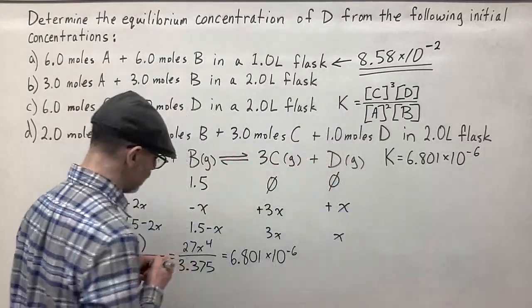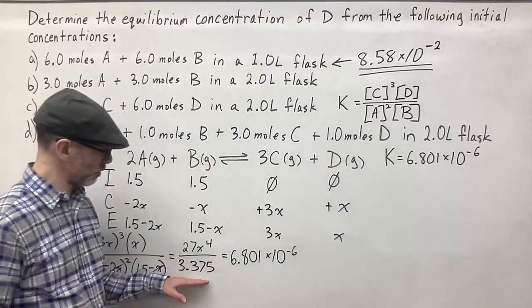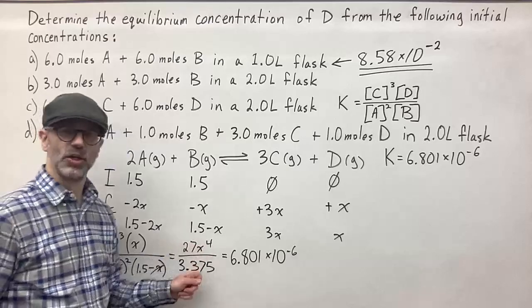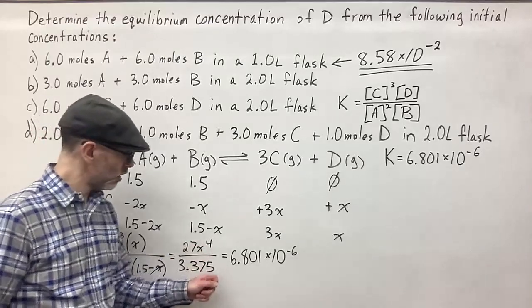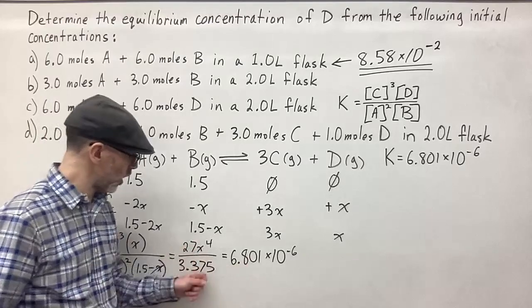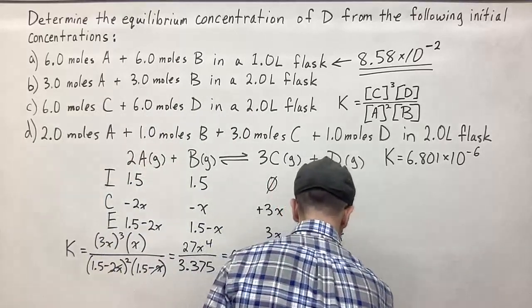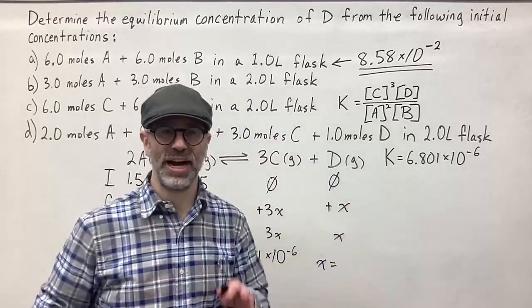So now all I need to do is multiply both sides by 3.375, divide by 27, and then take the fourth root of each side. And when you do that, you get x is equal to that answer I got before.